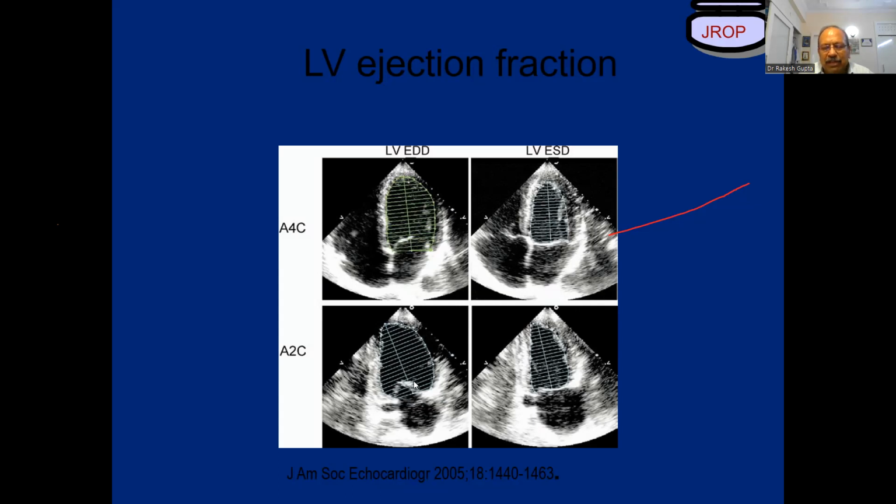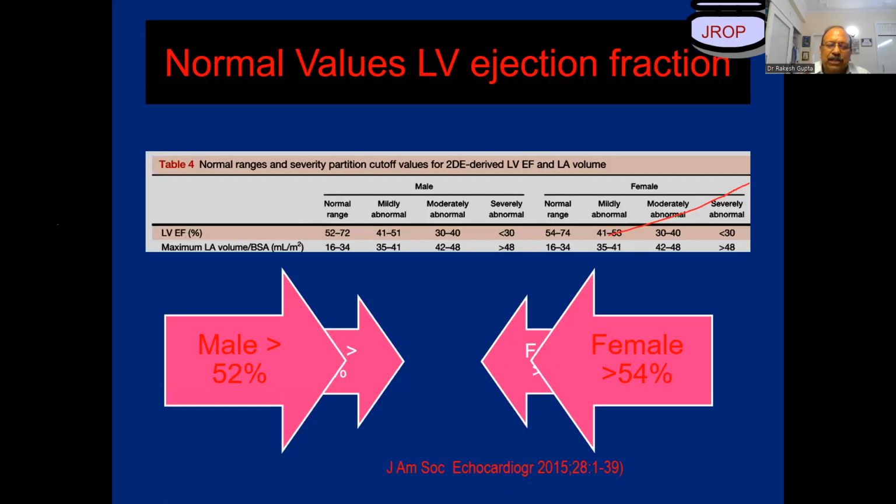of these 2 will give you a biplane modified Simpson ejection fraction, which is recommended as of 2024 in clinical practice. I would like to say 2 words over here. One is the biplane ejection fraction is close to the ejection fraction calculated by MRI or 3-dimensional echo.